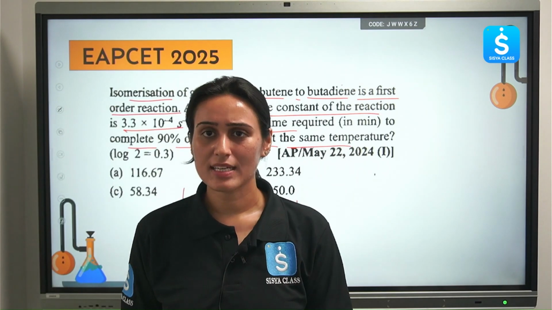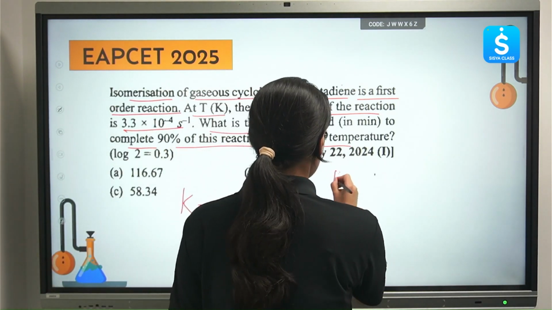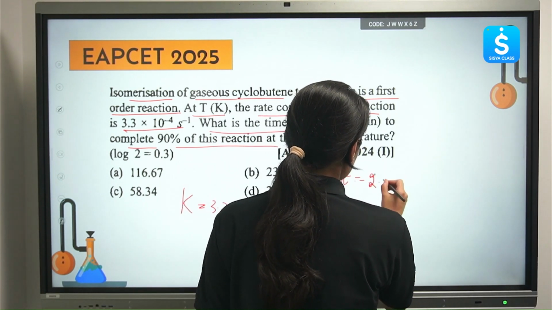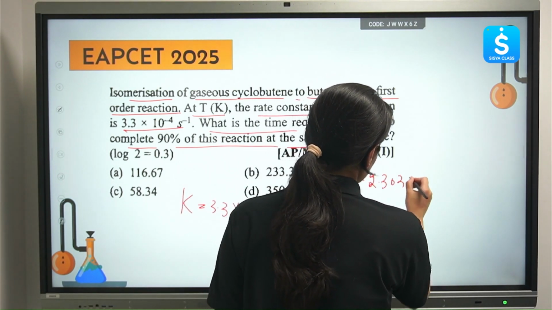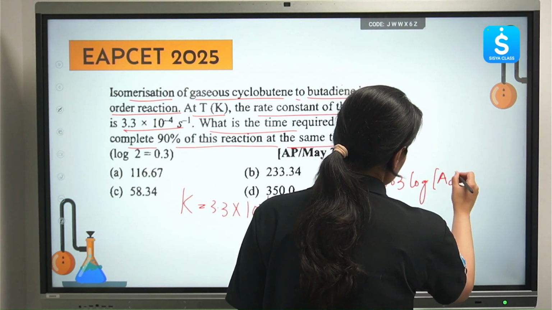You know about the integrated rate law, right? Write that. kt is 2.303 log of A0 over At.